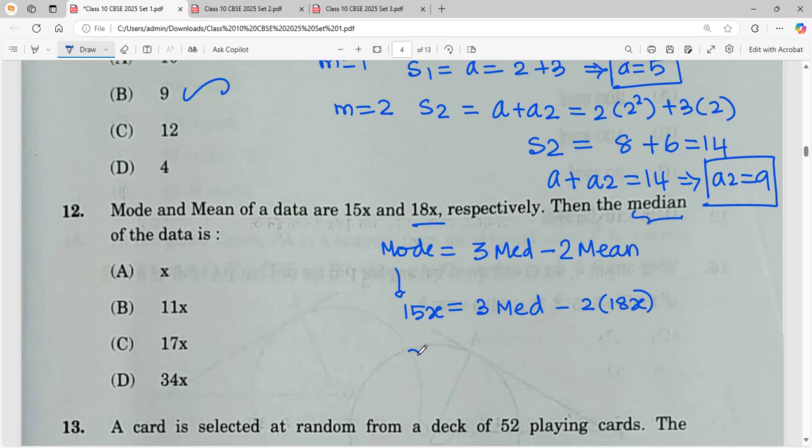So 3 times median is equal to 15x plus 36x, which is 51x. So which means median is 17x. So it is option C.